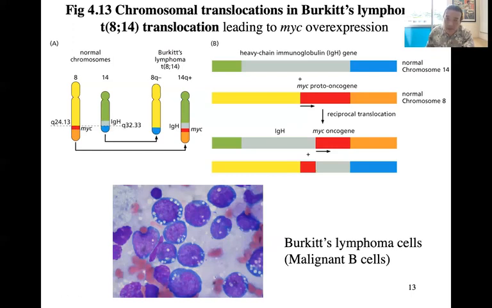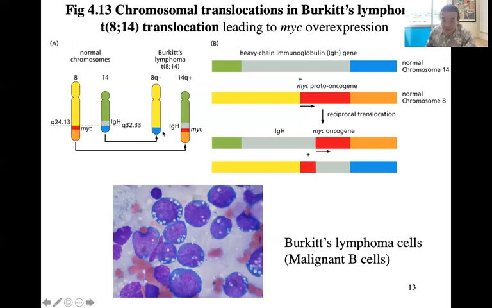This is the immunoglobulin heavy chain gene. For those of you who have taken immunology with me, this is the gene that codes for the heavy chain part of immunoglobulin molecules that go on to form antibodies. Remember, an immunoglobulin has 2 heavy chains and 2 light chains. That's the Y shape of an antibody. So these are swapped around in cases of Burkitt's lymphoma.